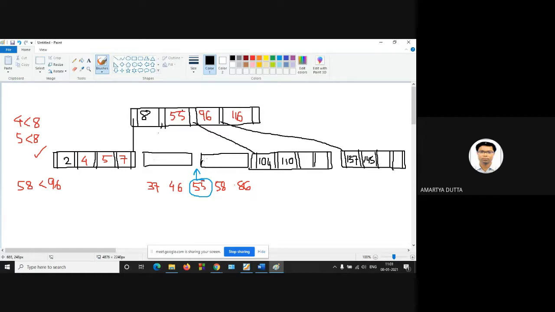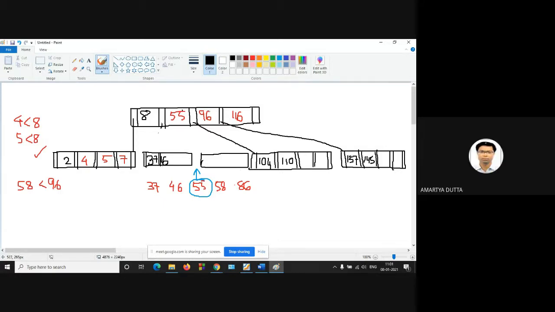So the left part contains how many elements? Your left part's first element is 37, the second element will be 46.